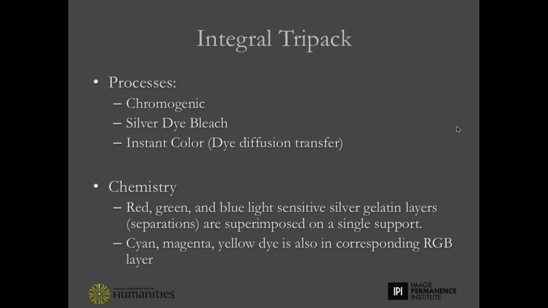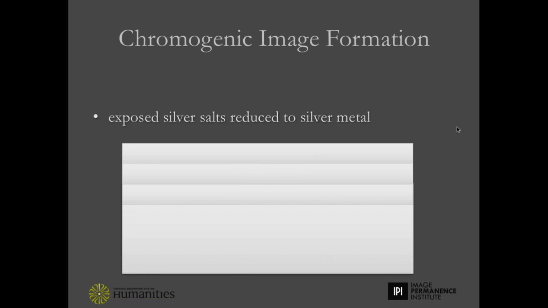So our other class of subtractive color photographic processes are integral tripack, in which the red, green, and blue separations are superimposed onto a single support. The cyan, magenta, and yellow dye is also in the corresponding red, green, and blue sensitive layers. The first process we'll talk about is chromogenic.